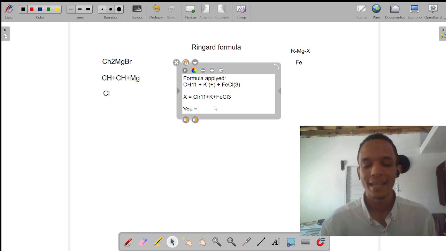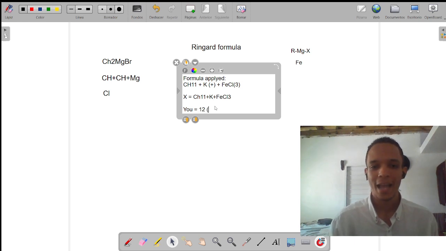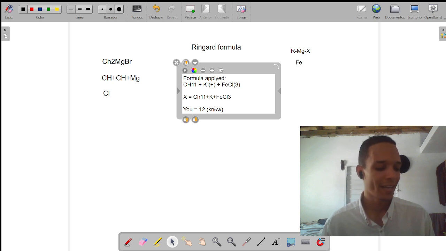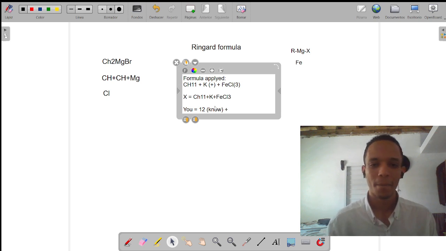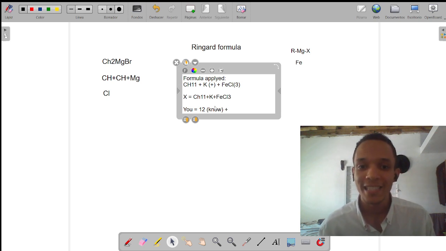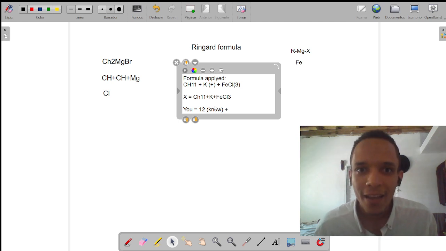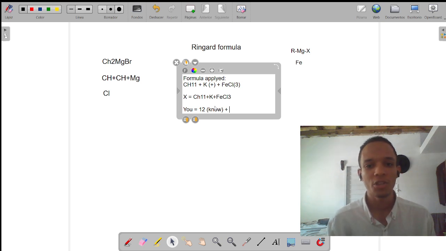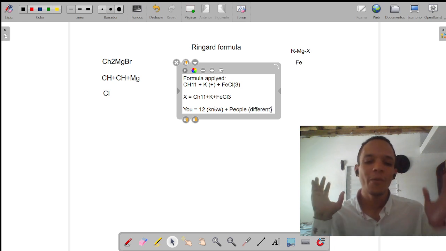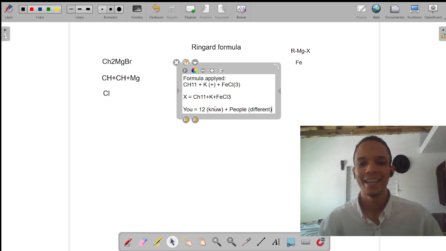Let's say that this is 12, and let's say that this is n, plus FeCl3. How many crosses were there when Jesus was crucified? 3. And let's put here: people are different. And you would say, why are you putting that?